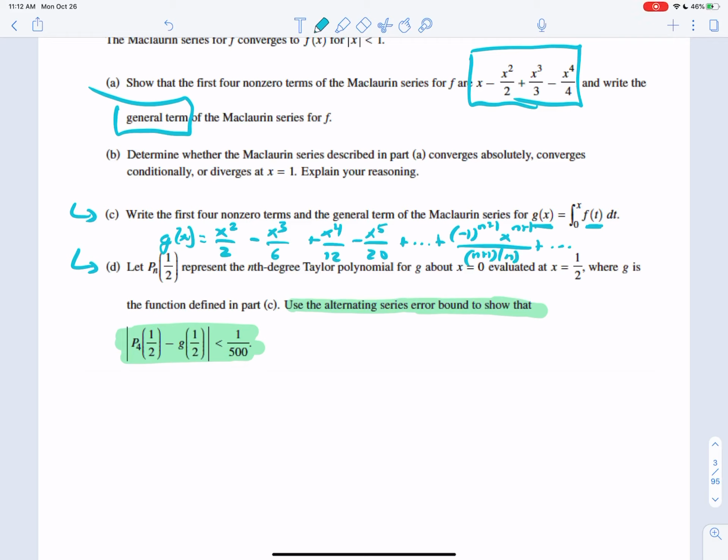Now, the nth degree Taylor polynomial, they only want us to go up to 4, where n is 4, okay? And n is referring to the 4th degree, okay? So p sub 4 of x is going to be x squared over 2 minus x cubed over 6 plus x to the 4th over 12.